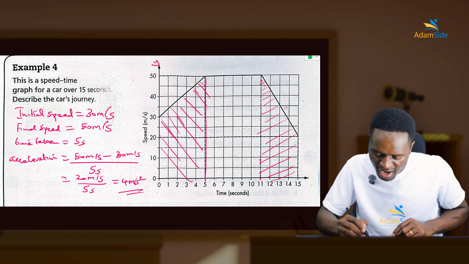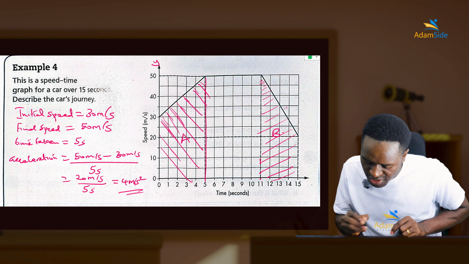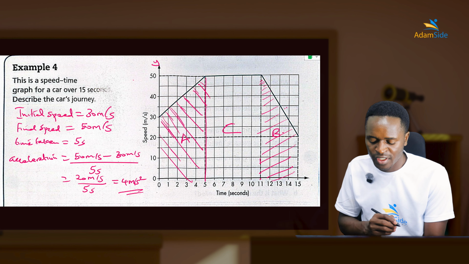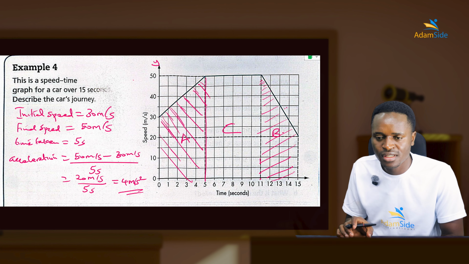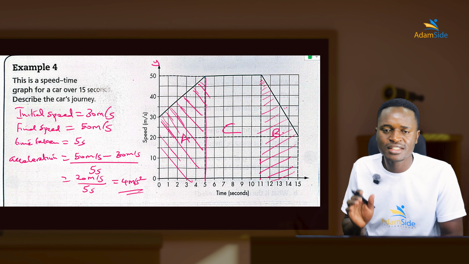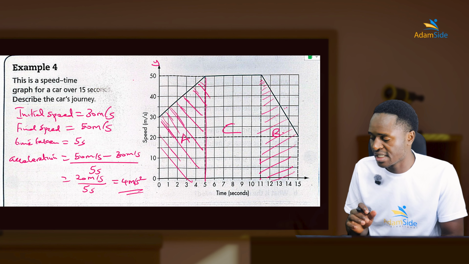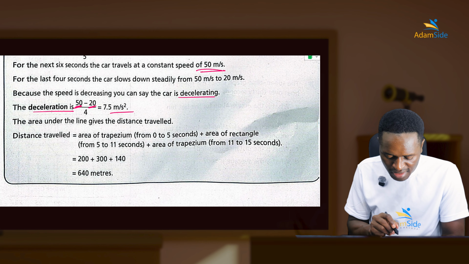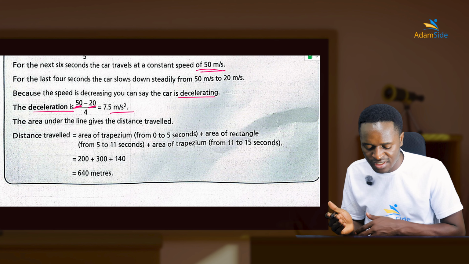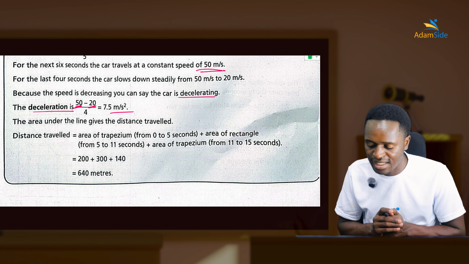So you have A and B, which are trapeziums, and then you have a rectangle at C. If you find the areas of A, B, and C and add them together, you get the distance covered by this object. So the area under the line gives the distance traveled, and we have two trapeziums and a rectangle, then you add them together and you find the answer, as simple as it is.